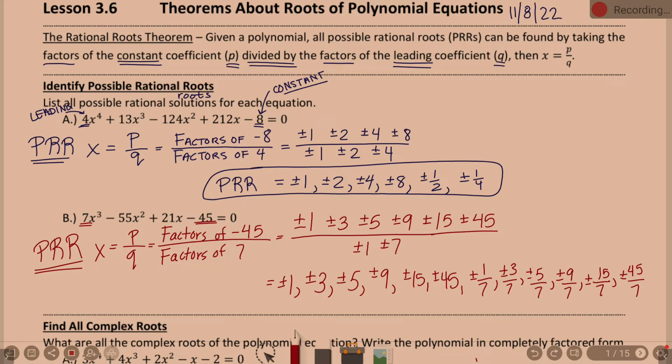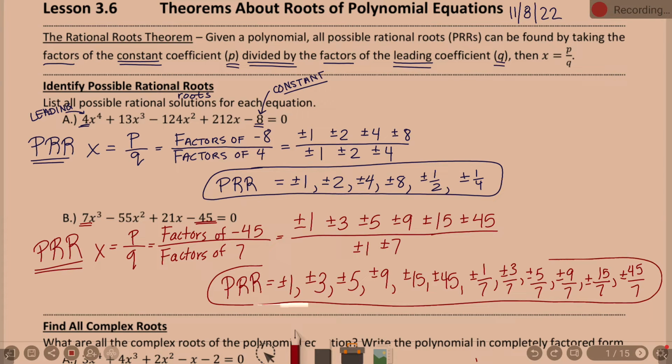And 45/7. That is my list of potential rational roots.